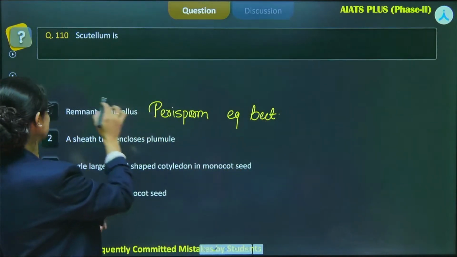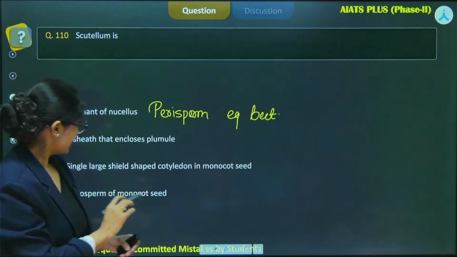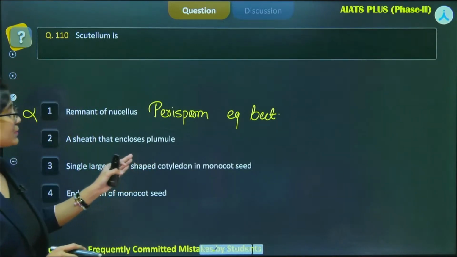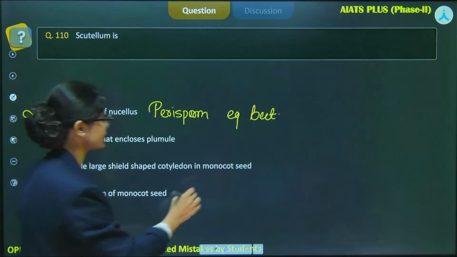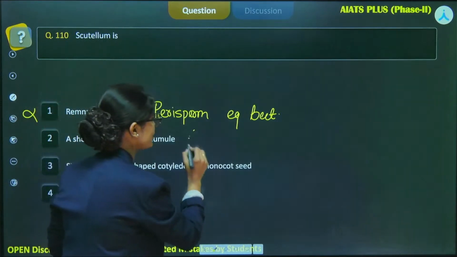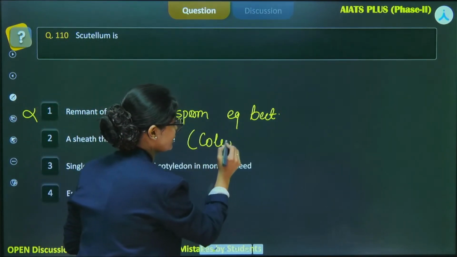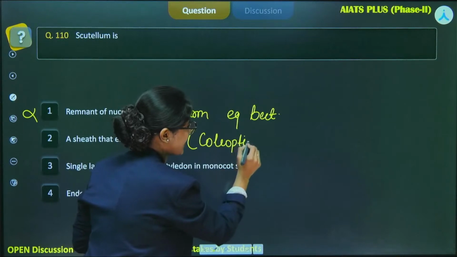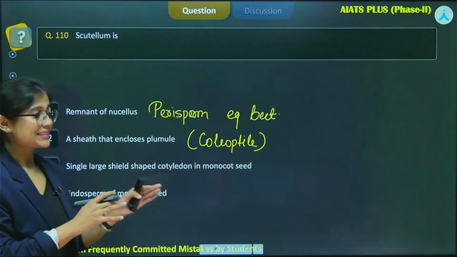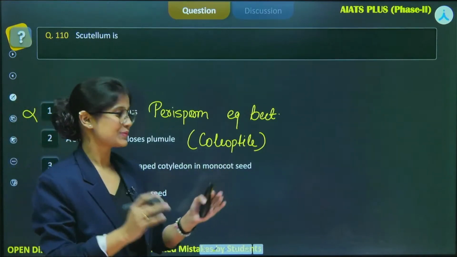So this is an incorrect option. Now the next one says a sheath that encloses plumule. No, this is not the case. The sheath which encloses the shoot apex in the monocot is known as coleoptile.